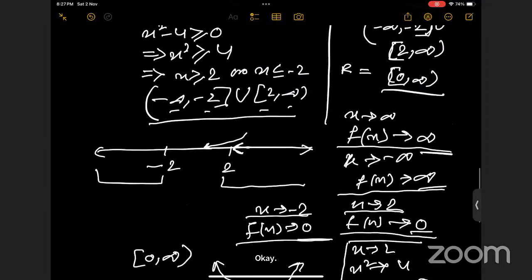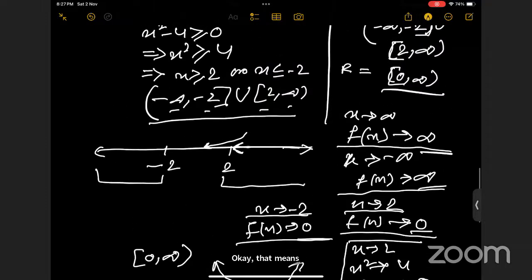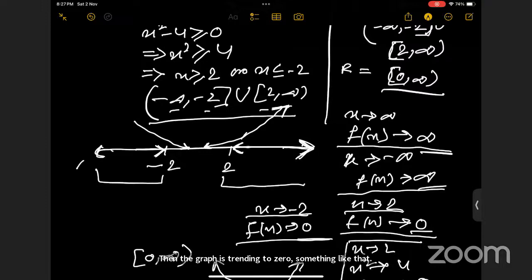And when x is tending to infinity in this direction, our graph is tending to infinity. Similarly, when x is tending to minus 2 from this side, the graph is tending to 0. Again, when x is tending to minus infinity, the graph is tending to infinity, like that.